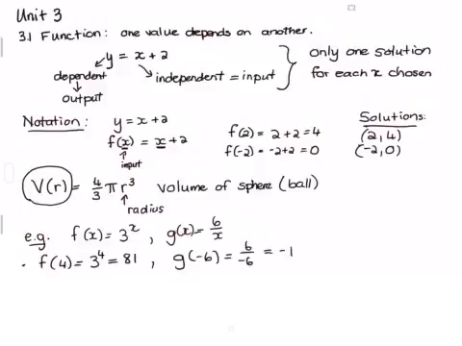I can ask it a different way as well. I can say if f of x equals 243, what is x? So now you must read it carefully. I don't put 243 in the place of x. x is what I'm looking for. I put 243 in the place of the whole f of x. And I try and find x.